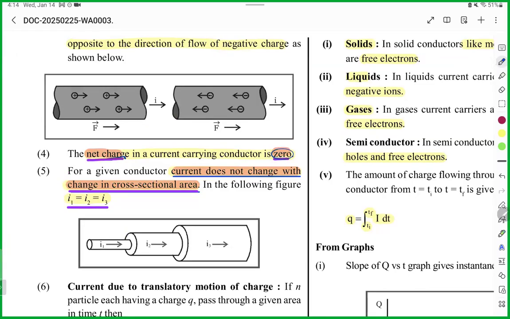Net is zero. Why? Because you know an atom is neutral. Every conductor is made up of atoms, which have an equal number of protons and electrons. Net charge is zero. Okay.